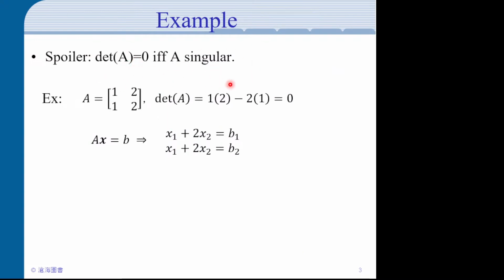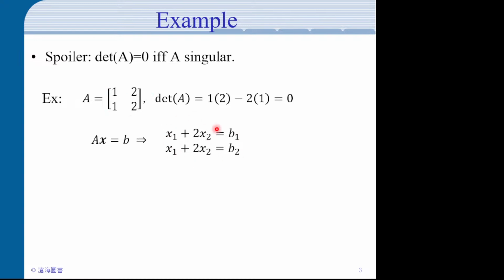As a spoiler, what we will prove today is that the determinant of a matrix A is 0 if and only if A is singular. For example, A is the matrix 1, 2, 1, 2, and the determinant for a 2 by 2, if you remember from high school, is this diagonal minus this diagonal. So it's 1 times 2 minus 2 times 1, and it's 0. This is a singular matrix because if you think about Ax equal to b, then it's x1 plus 2x2 equal to b1, and x1 plus 2x2 equal to b2, because those two lines are the same.